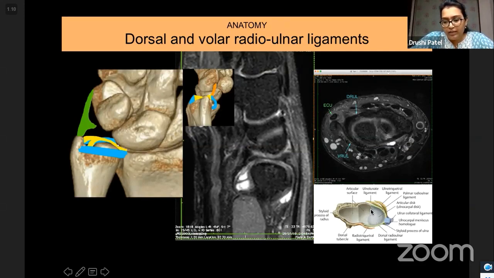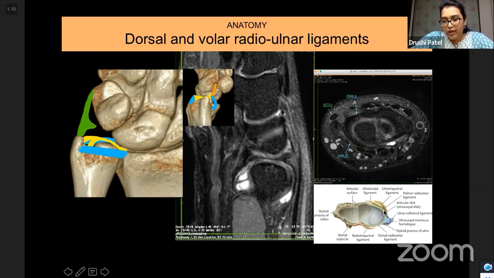If you look at the TFCC in the axial plane, it is a triangular structure. This is the articular disc, and it has peripheral attachments in the fovea and the styloid process. And then on either side, at the volar as well as the dorsal aspect, it is reinforced by two ligaments between the radius and the ulna.